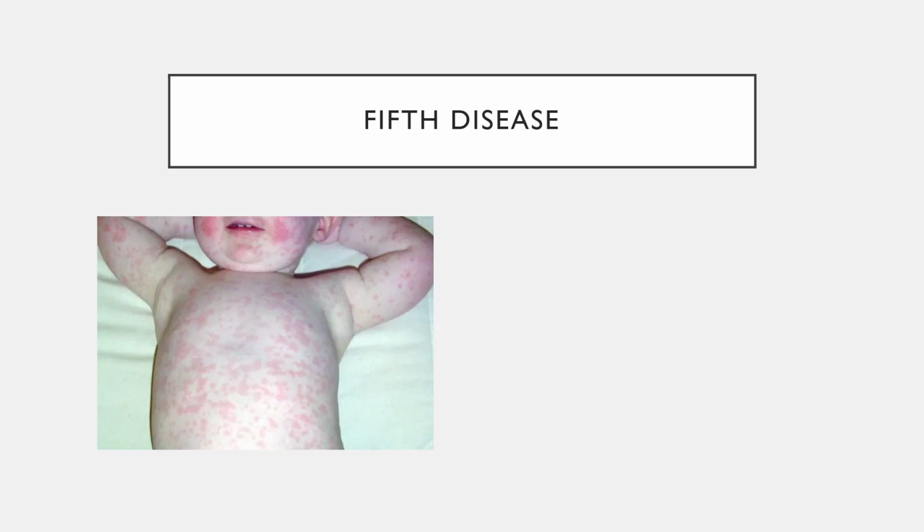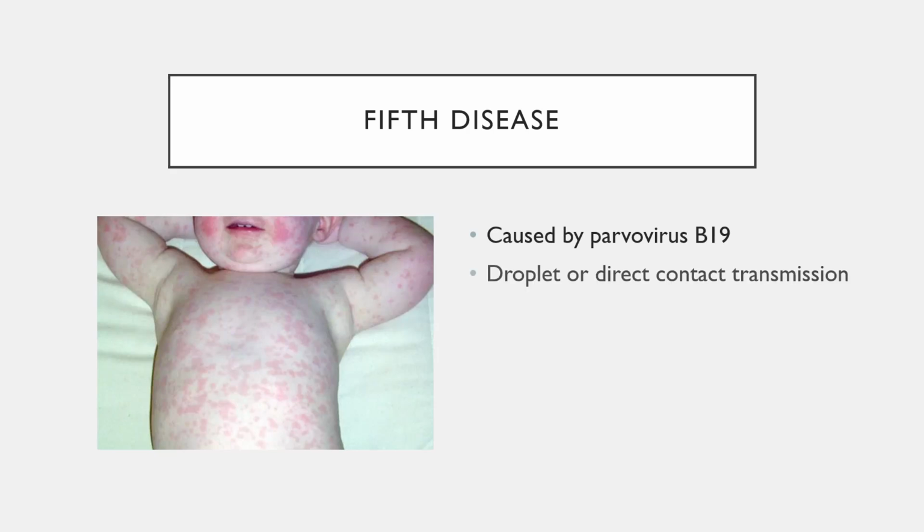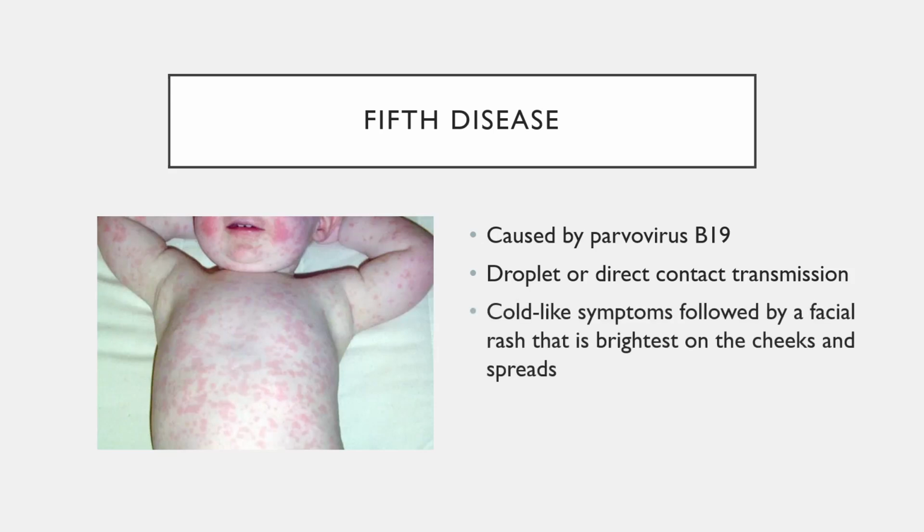It is caused by parvovirus B19, and it is transmitted like roseola through droplet or direct contact transmission. And it is known for producing cold-like symptoms that are followed by a rash on the face that is brightest on the cheeks and then can spread to other parts of the body.